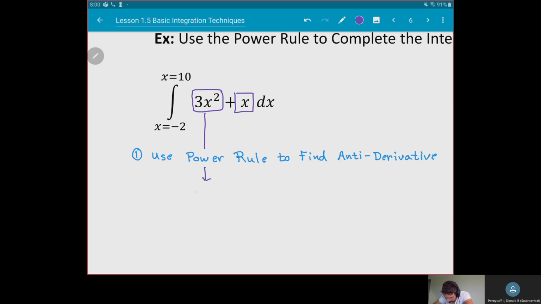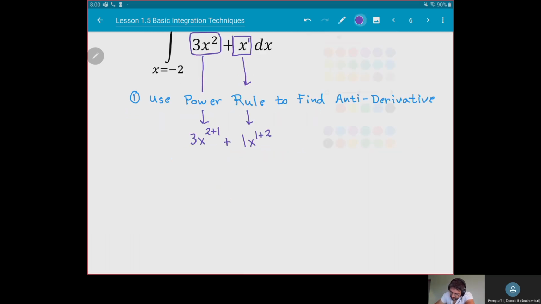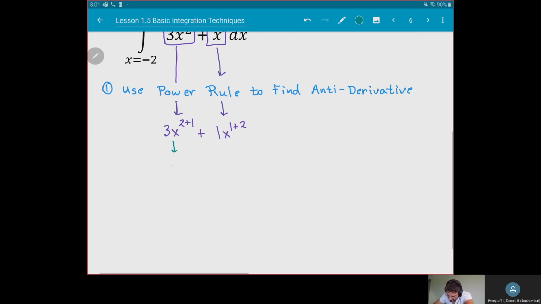So that's going to be 3x to the 2 plus 1. Now this is already to the first power, so when it comes down, it's going to be 1x to the 1 plus 2. Okay? And then it comes down again, and that's going to be 3x to the third divided by my new exponent.